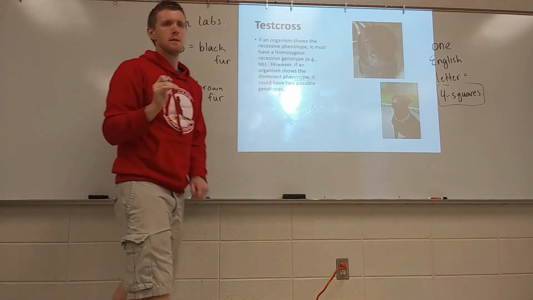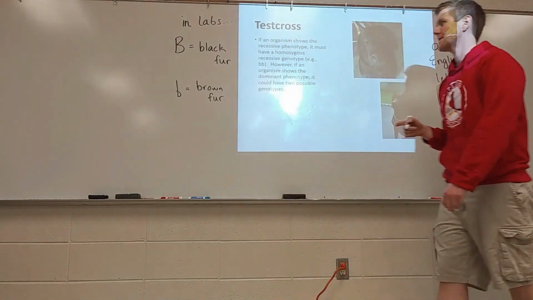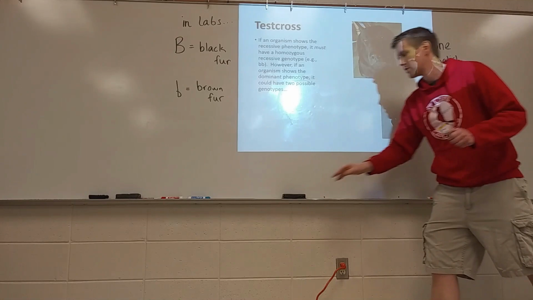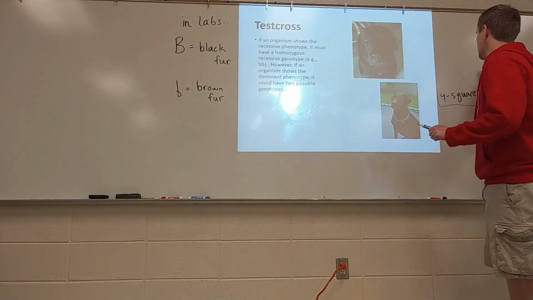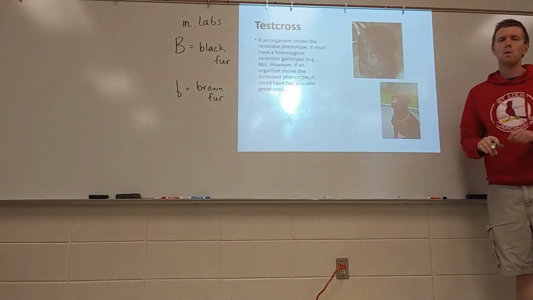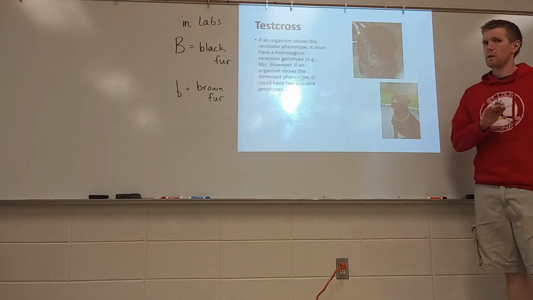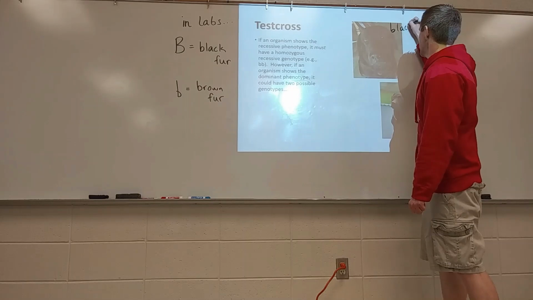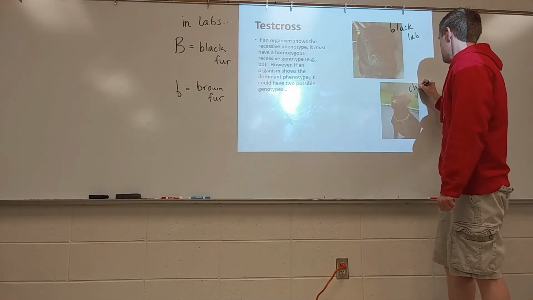Just like our pea plants, each dog is diploid, which means each dog has 2 copies of the gene for fur color. Yellow labs, it's a whole other gene that causes that. So we're not going to worry about yellow labs. This is the black lab up here. Chocolate lab is down here.